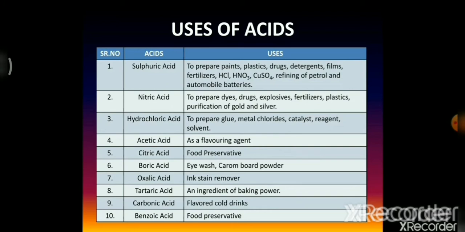Baking soda gives a bitter taste, so it plays an important role in the baking powder. The second last acid is carbonic acid. It is dissolved under high pressure in cold drinks for fizzing the drinks. Carbonic acid gives a particular flavor to that cold drink. And the last organic acid is benzoic acid. It is used for food preservation.